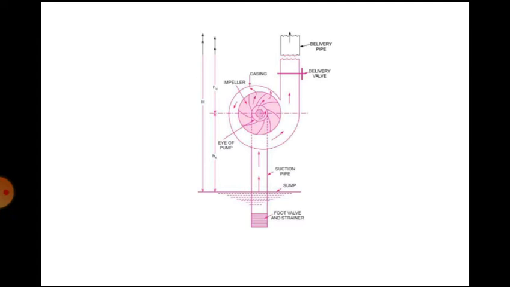The pressure generated at the impeller is relatively low compared to the lower level. Due to that pressure difference, water will move in the upward direction. That is known as sucking of the water. In this way, the pump sucks the water. This tube we call the suction pipe. We use it to suck water from the lower level to the higher level.